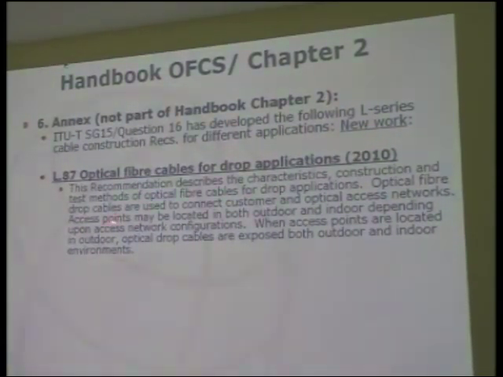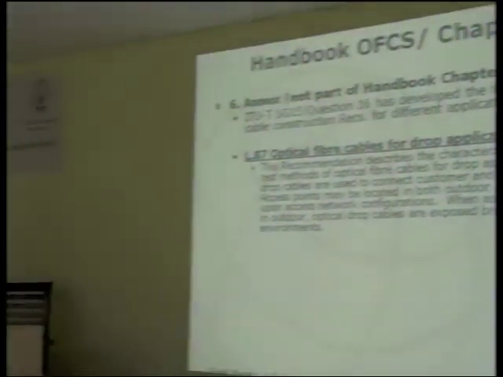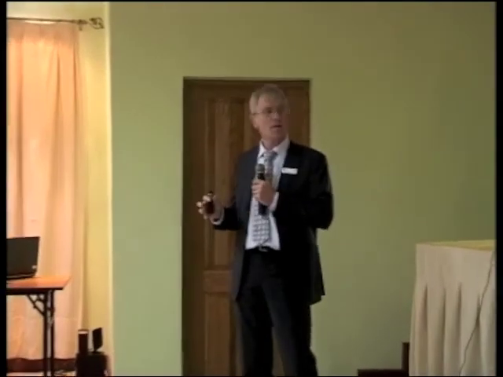Optical fiber drop cables are used to connect customers and optical access networks. Access points may be located both outdoors and indoors depending upon the access network configuration. When access points are located outdoors, optical drop cables are exposed to both outdoor and indoor environments. So this document really focuses on the applications of fiber to the home and particularly the last portion of the network, the drop cables.